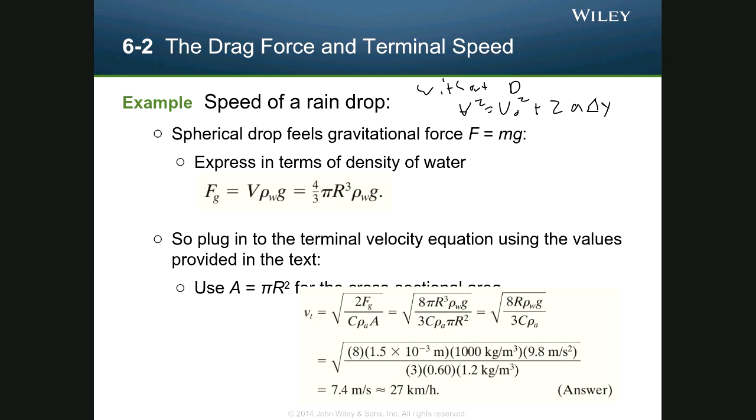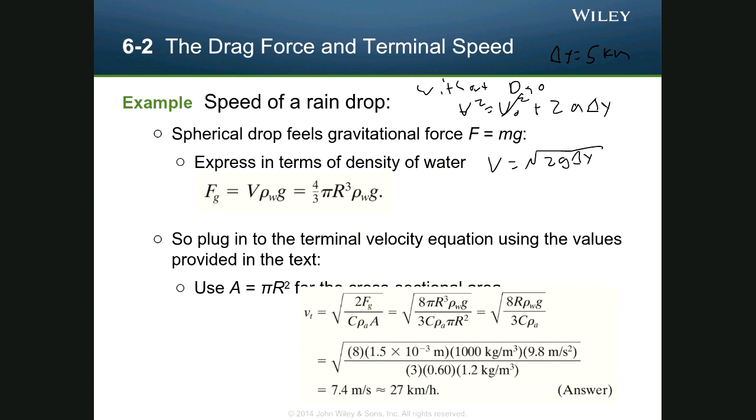So we know our initial velocity squared is 0, and if we say delta y is equal to 5 kilometers, just from that far in the sky, we'll get v equals the square root of 2g delta y.